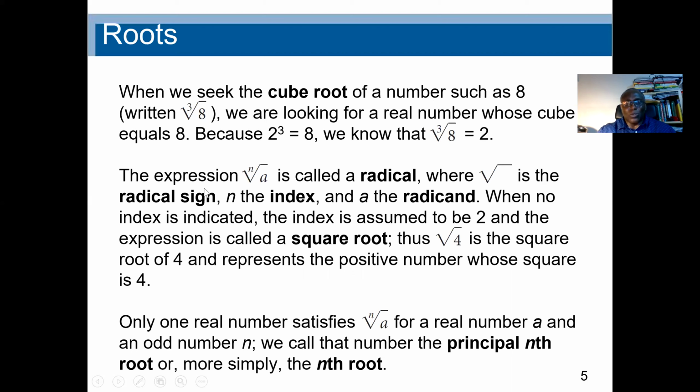And normally we use the expression, so here we have n root a, we call it radical. So the expression root n a, or it can be any number, is called a radical. So when we have an algebra expression with a radical sign, we call it a radical expression.